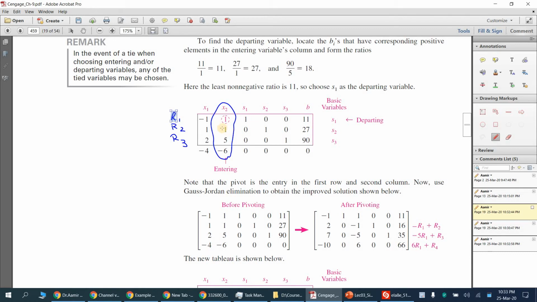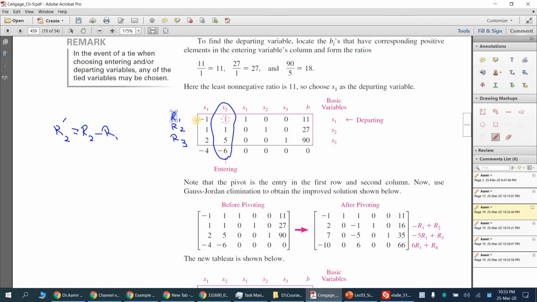If I want to make this value 0, the best thing is to say my new R2, or R2 dash, is equal to the original R2 minus R1. So R2 is 1, and 1 minus 1 is 0. But remember, I cannot subtract only two values. I have to subtract the whole row, including the last B value, from the upper row.